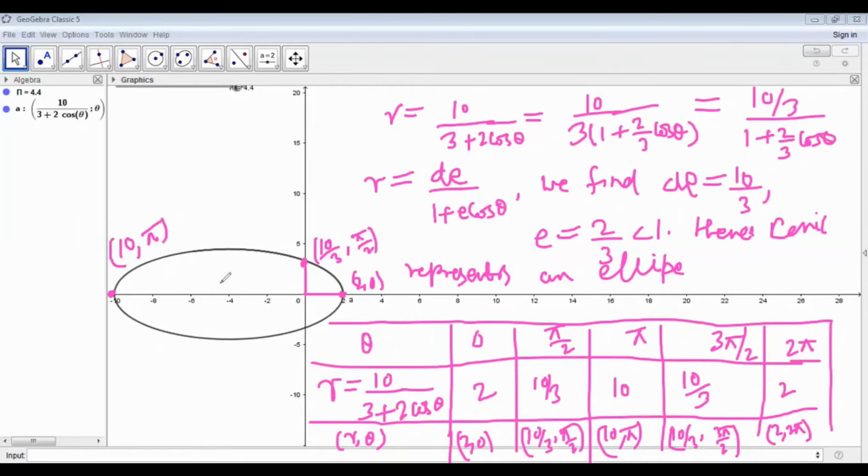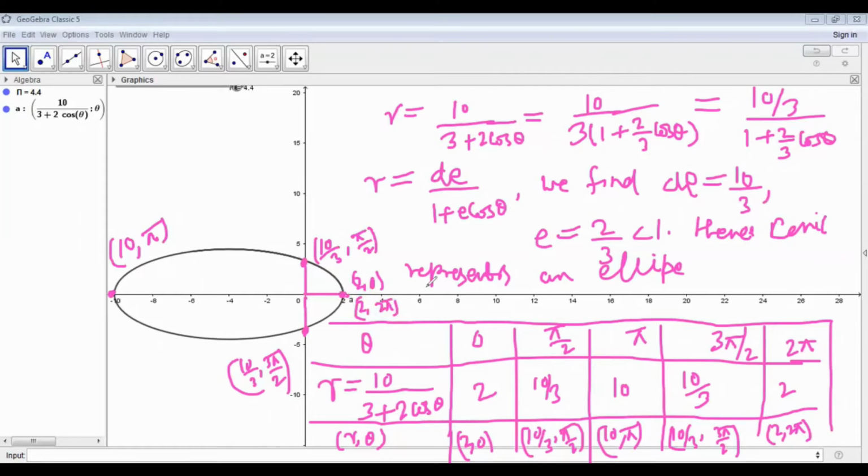For theta equals 3 pi by 2, r equals 10 by 3, so the coordinate is (10 by 3, 3 pi by 2). For theta equals 2 pi, r is also 2, so the coordinate can be written as (2, 2 pi). (2, 2 pi) and (2, 0) are the same point on this ellipse.